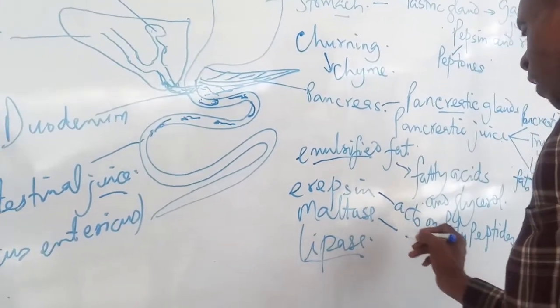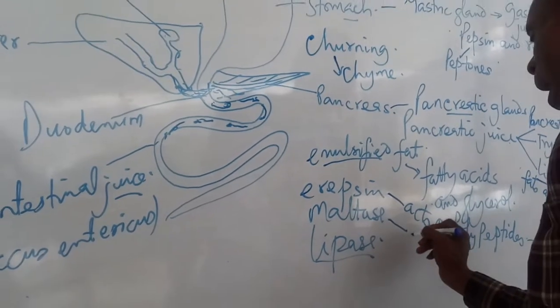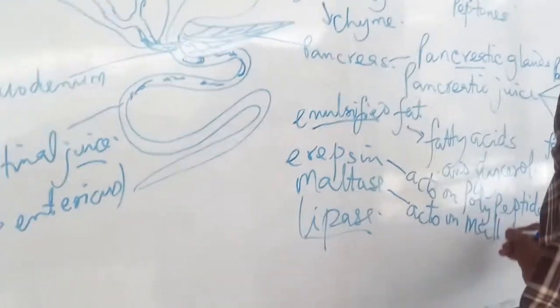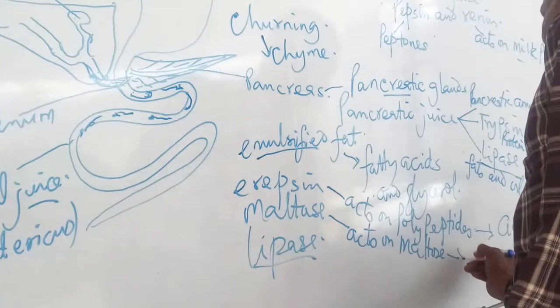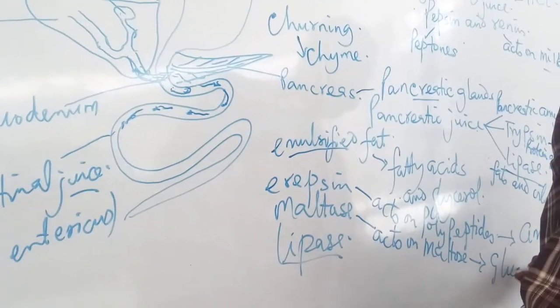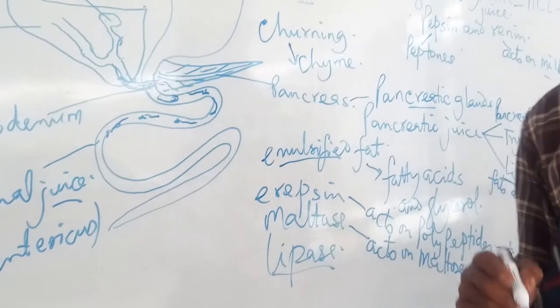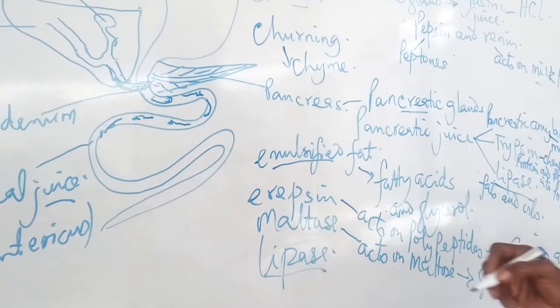The maltase here acts on maltose, converting it into glucose, which is the end product of carbohydrate or starch digestion.